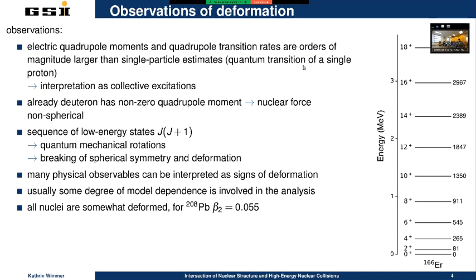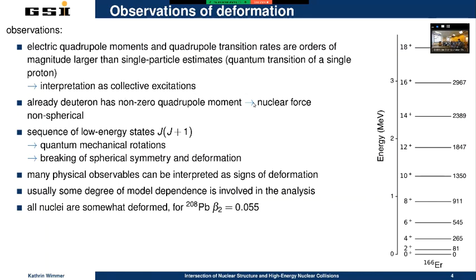A quantum transition of a single proton changing its orbits gives a single particle unit, and the observation in many nuclei is that we have very many of these single particle units as the strength of a transition. This then immediately has been interpreted as a collective excitation of the nucleus where many protons and neutrons participate.